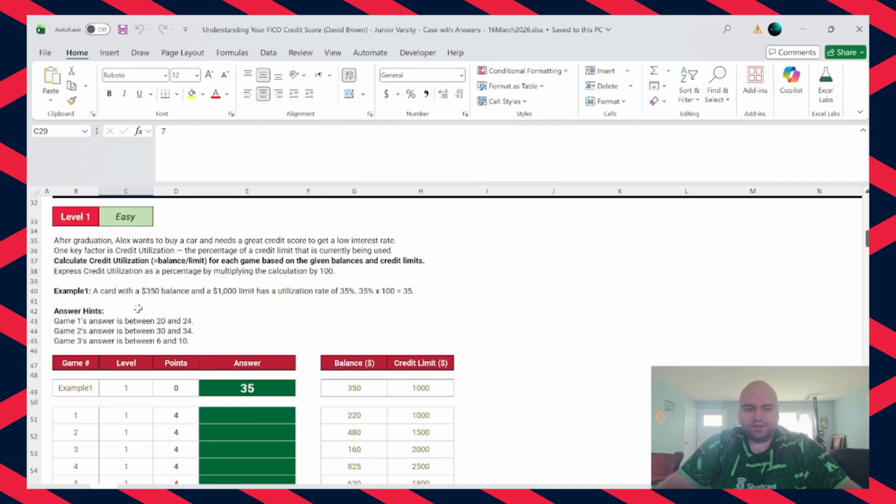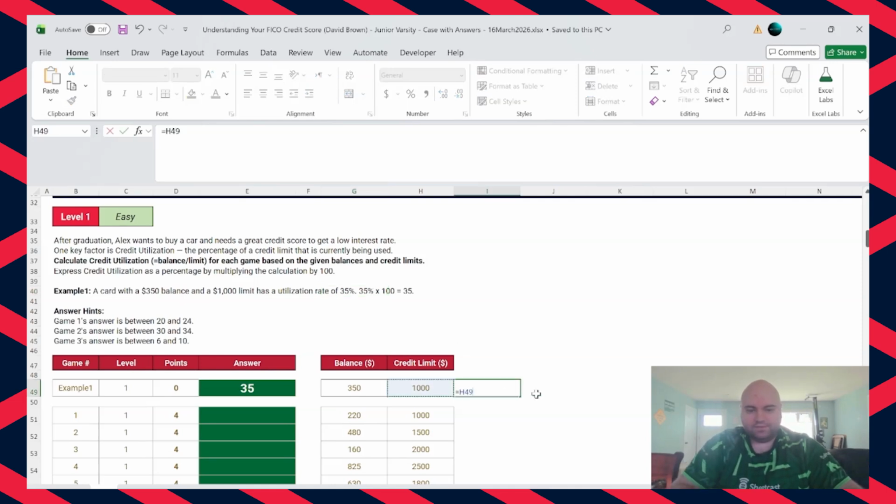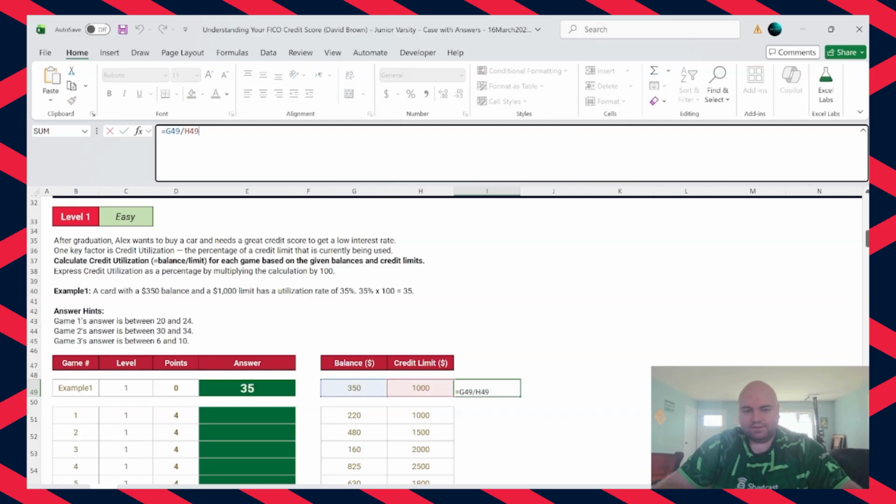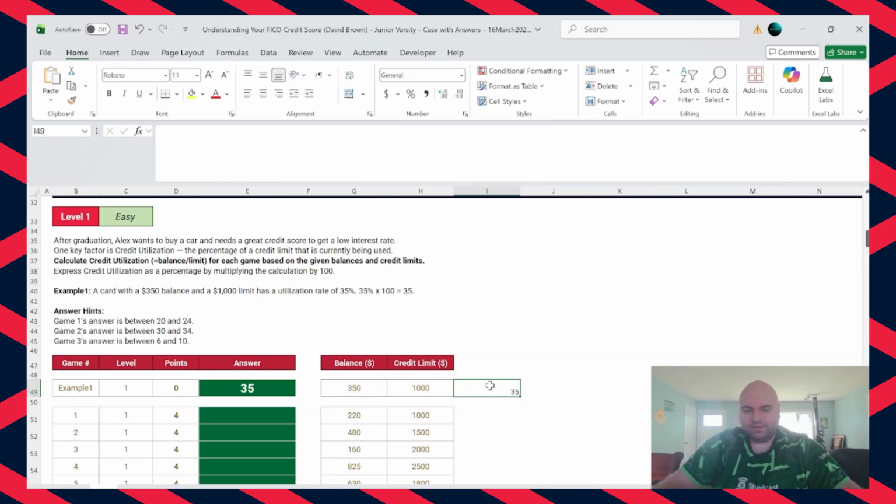by 100. So for example 1, we have a $350 balance on a $1,000 credit limit card, and to do that, we do 350 divided by 1,000, multiply it by 100 to get 35. So let's just see if that works here. 350 divided by 1,000, that gives us 0.35, and then wrap it in parentheses, multiply it by 100 to get 35.